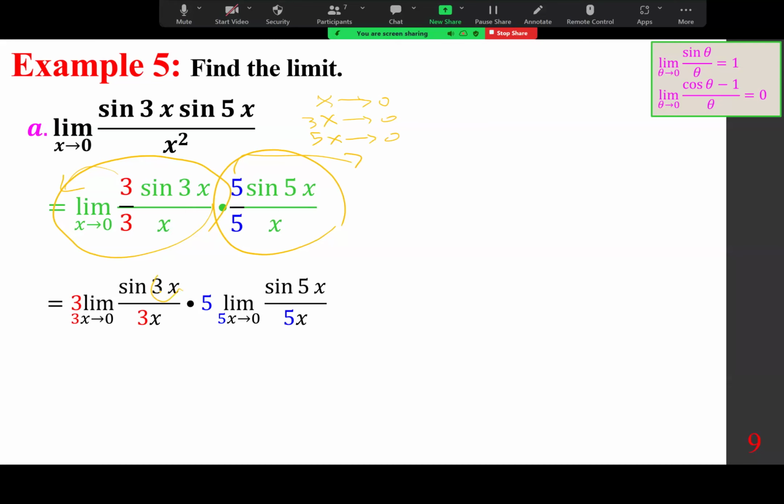And this and this and this must be identical for this expression to become 1. Same thing here. The argument of sine, the denominator, and this one must be the same for this expression to go to 1. So we have 3 times 1 times 5 times 1, which makes it 15. So this is the justification, and this is the proof.